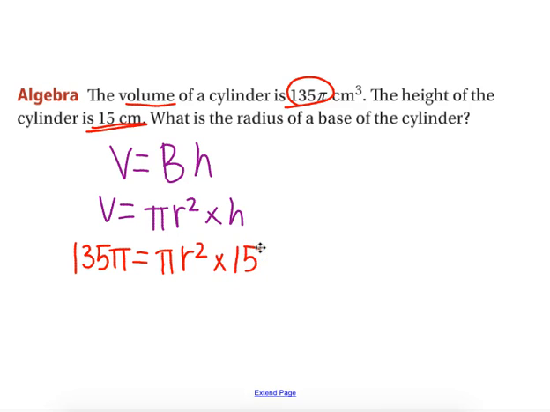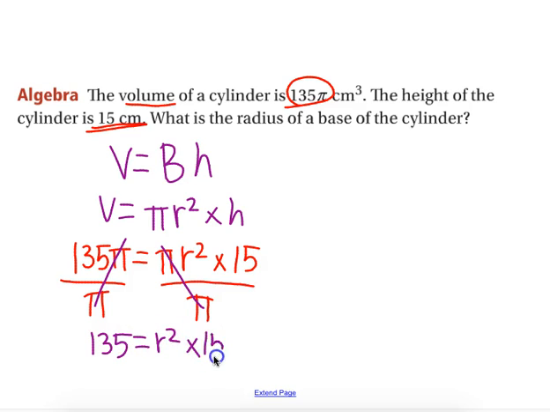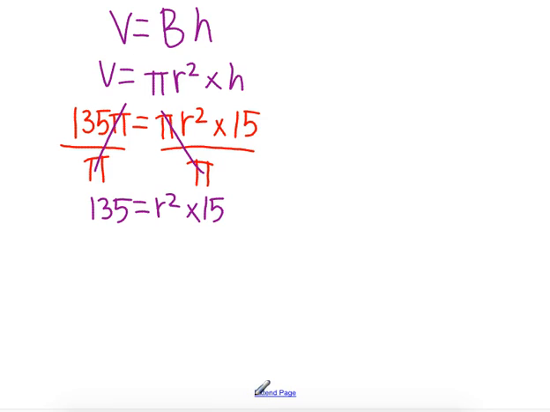Now we just have to get r by itself. So let's first get rid of our pi's. How do you undo multiply by pi? Divide by pi. So those cancel, these cancel. Now I'm left with 135 equals r squared times 15. How do you undo multiply by 15?